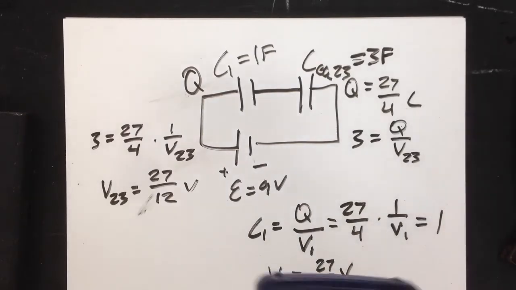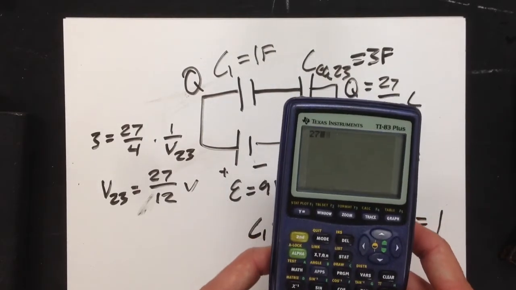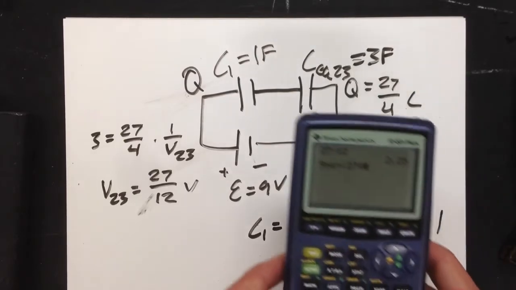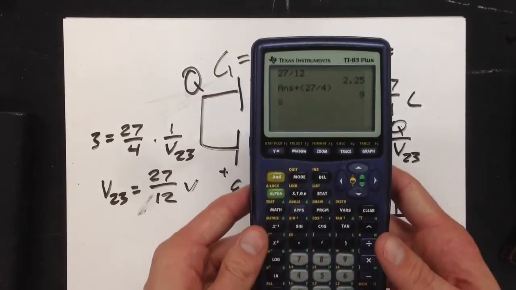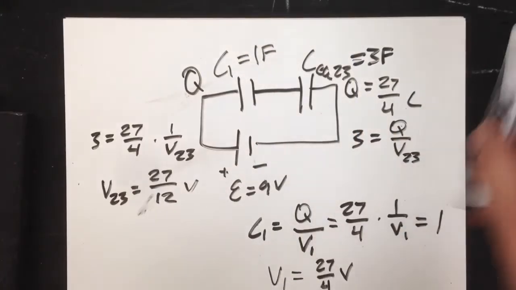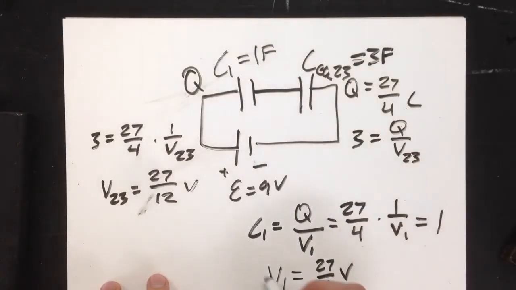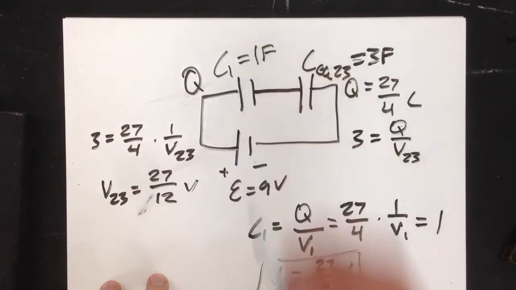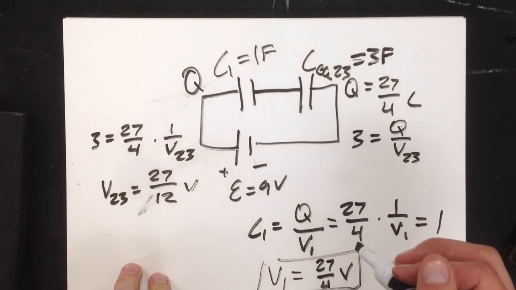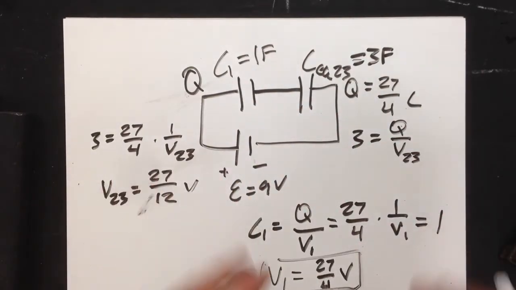And if 27 divided by 12 plus 27 divided by 4, look at that, it gives me 9. So we're all good. I have found the voltage across that first capacitor, and I've found the charge on that first capacitor. So C1 is all taken care of.